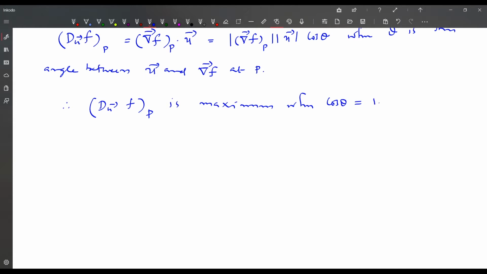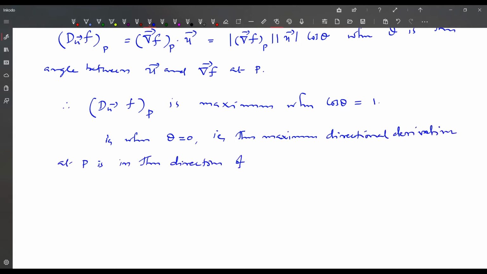That is, when theta equal to 0. That is, the maximum directional derivative at p is in the direction of del f.